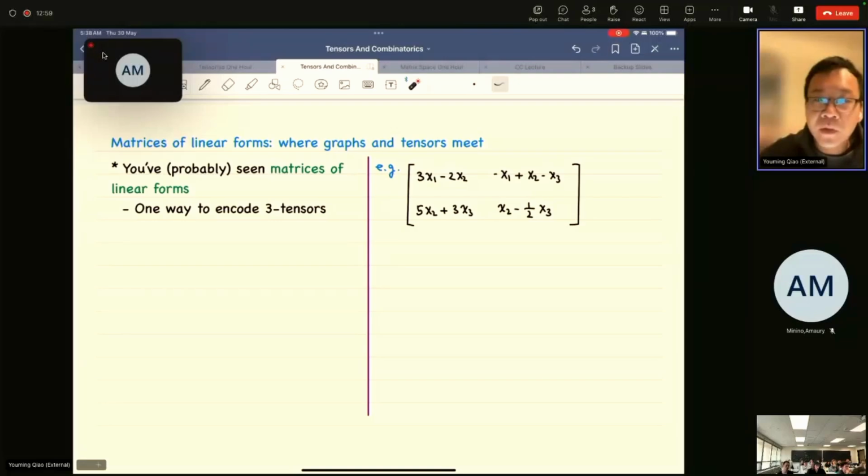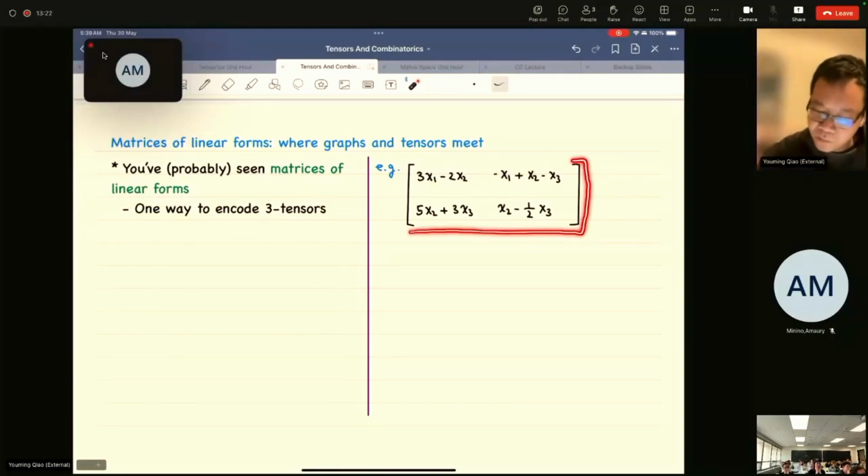Now we are going to talk about matrices of linear forms, and this is where we are going to see graphs and tensors meet. Hopefully in the morning, in Christopher's lecture, you've seen the so-called matrices of linear forms. For example, this is a 2x2 matrix with linear forms in 3 variables, x1, x2, and x3.